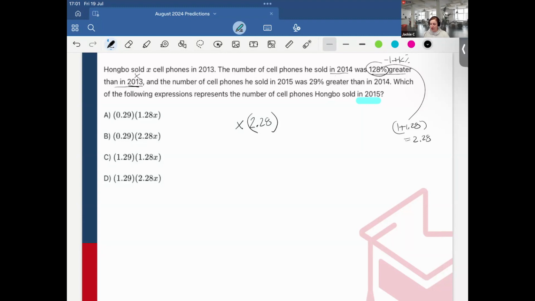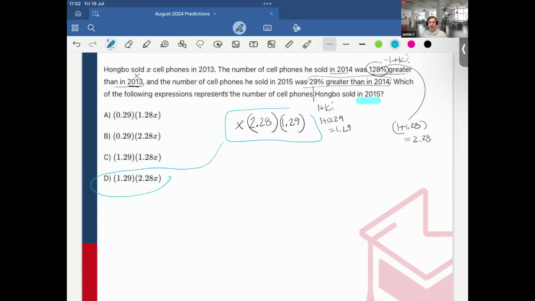And then the number he sold in 2015 was 29% greater than in 2014. If it's 29% greater, this too, I would just do 1 plus k percent. This would be 1 plus 0.29, which is 1.29. So I would just multiply that by 1.29, and that would be the answer, which looks just like option D.